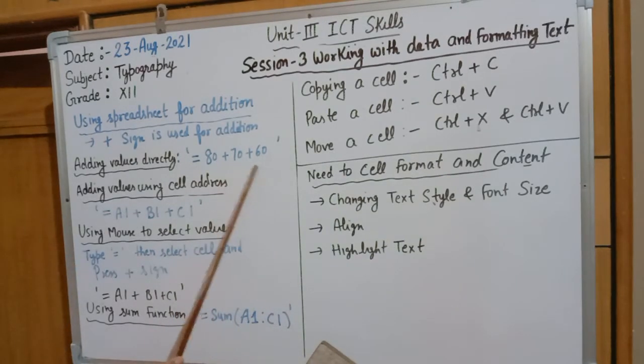That will be 210. Next is adding values using cell addresses. If we want to give the address of these values, we can write single quote, equal to A1 plus B1 plus C1. When we press enter, we will get the same result. Third is using the mouse to select the values.